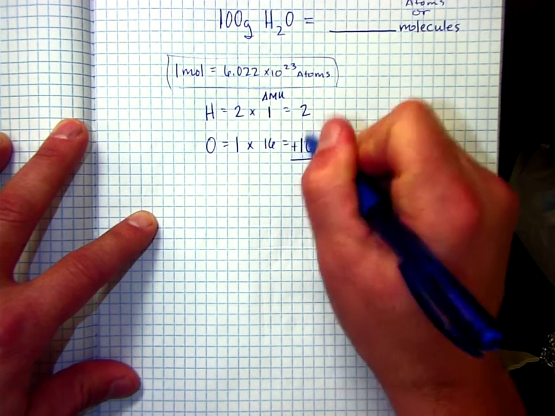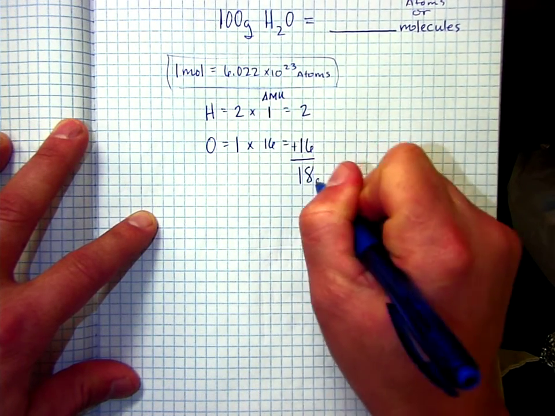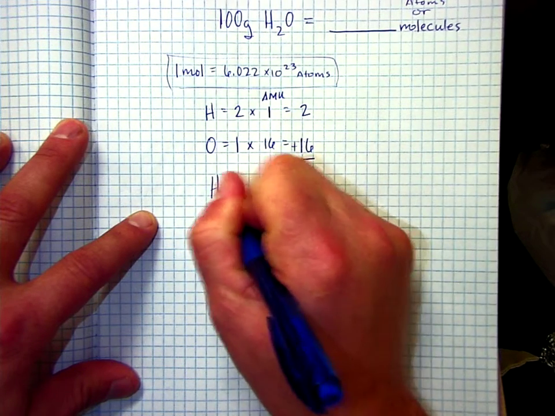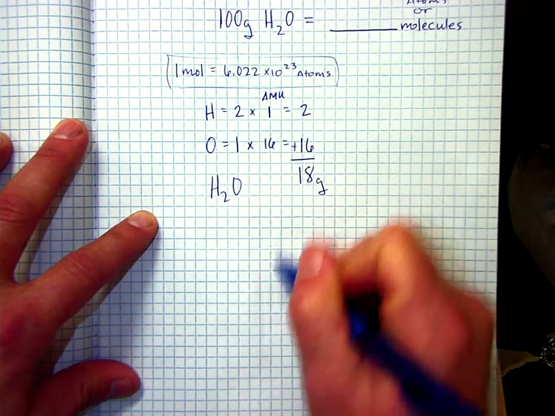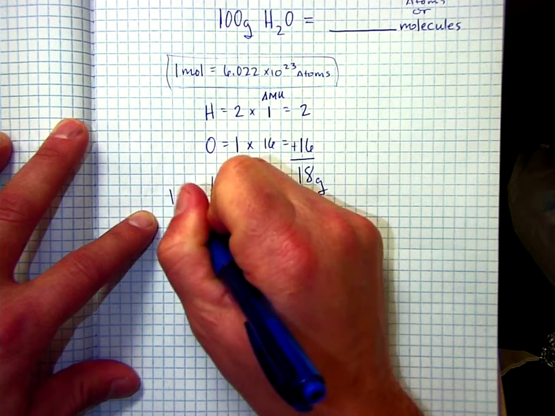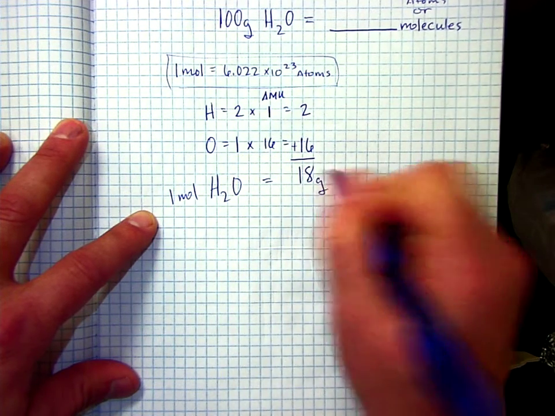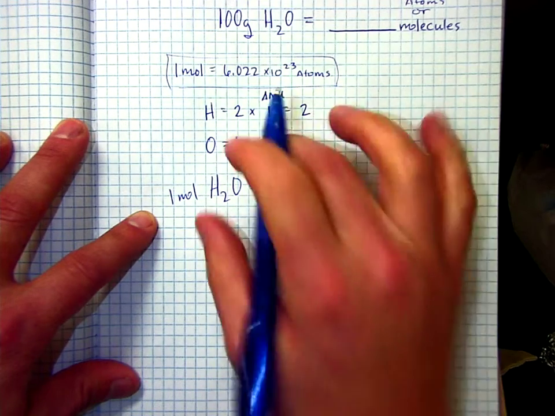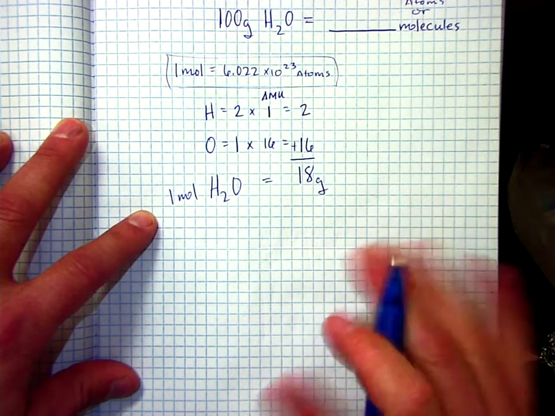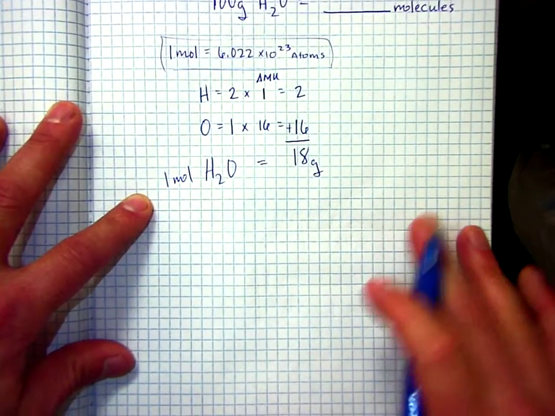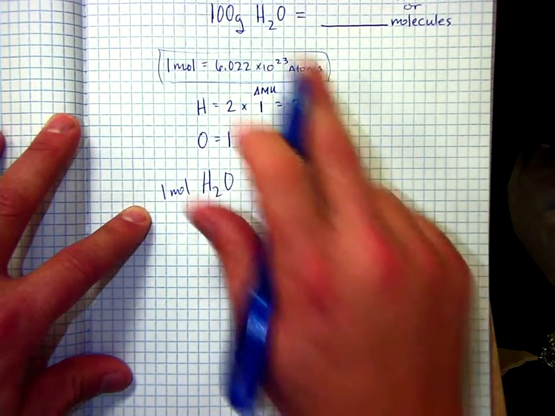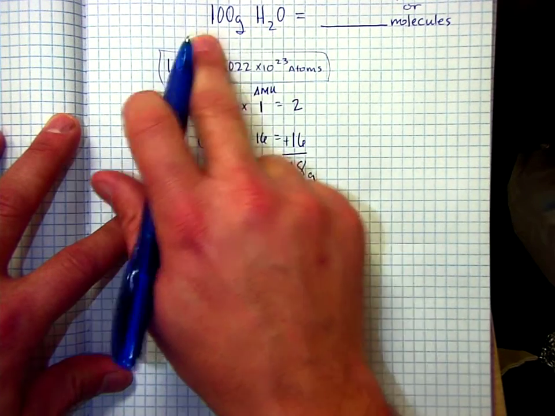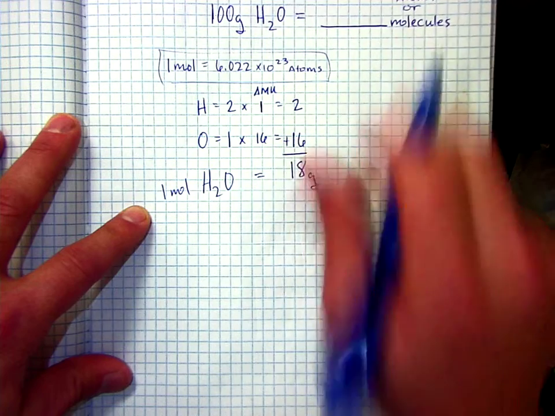I add them together, that's 18 grams. So 1 mole of H2O is equal to 18 grams. Hopefully that made sense. Once we get this knowledge out of the way, we can start figuring out how many molecules 100 grams of H2O will have.